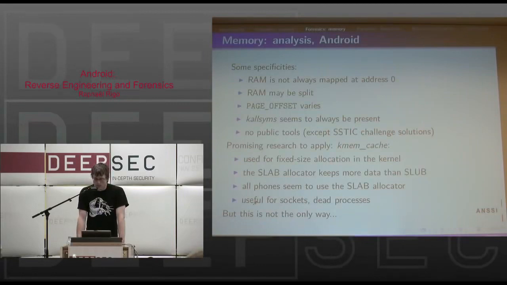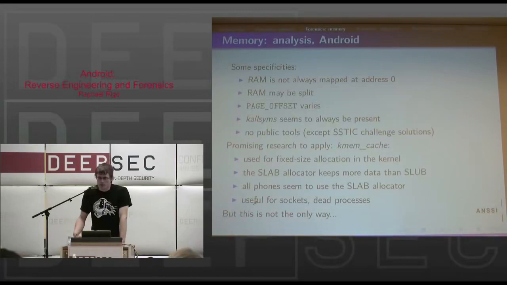Also, a few months ago there was a really interesting research article about leveraging the kmem cache in the kernel. That is, it's used for fixed-size allocation of structures in the kernel. Basically, when you allocate something like inode structures or sockets, the structure size is always the same.